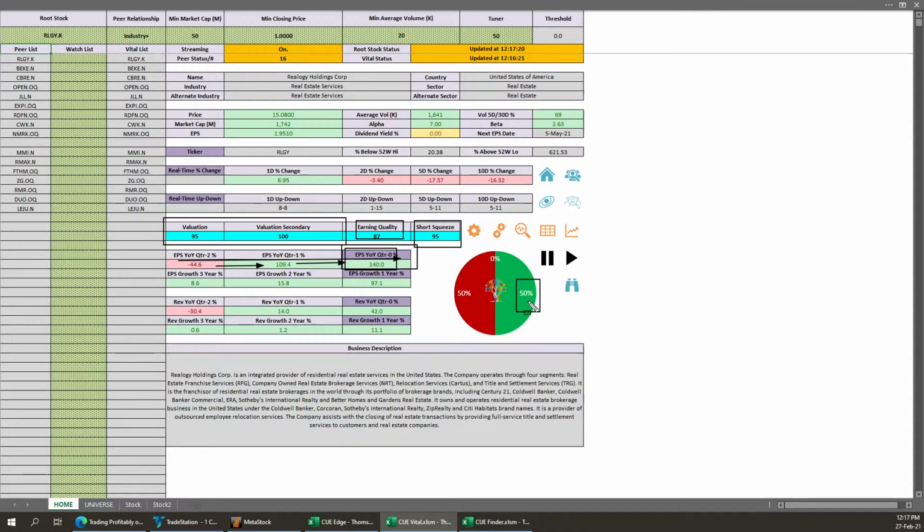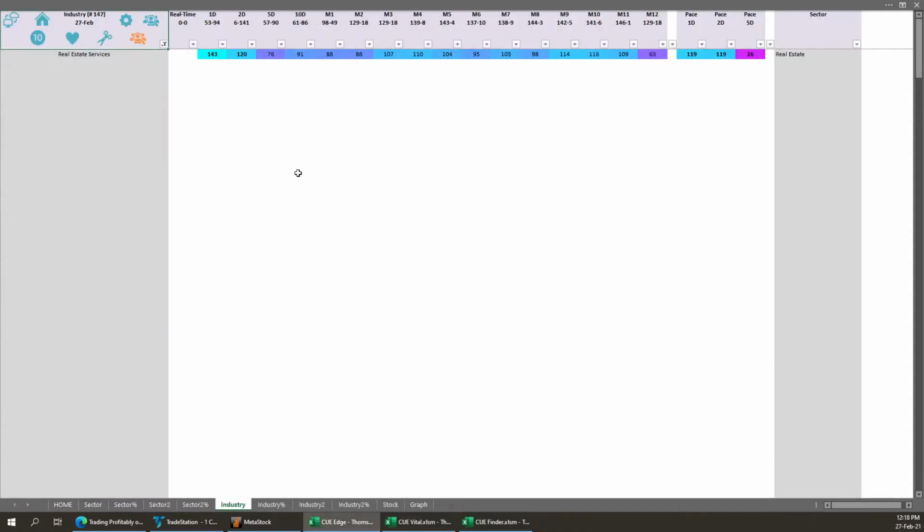Yesterday, the industry was mixed, not weak. Therefore, I expect its relative strength to be good in QH. Relatively, it should be stronger because the market was down. Let's check that out. Indeed, it was one of the strongest industries on Friday.